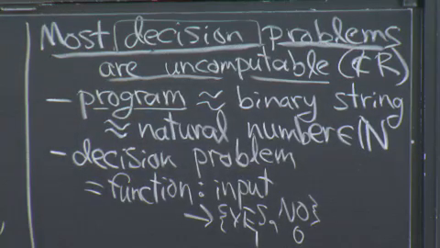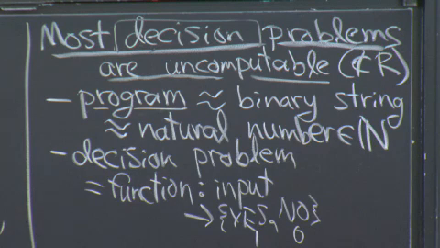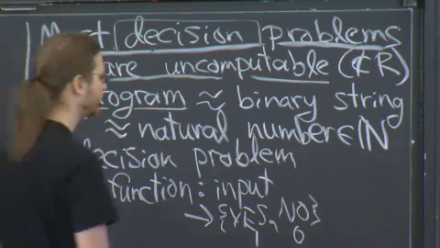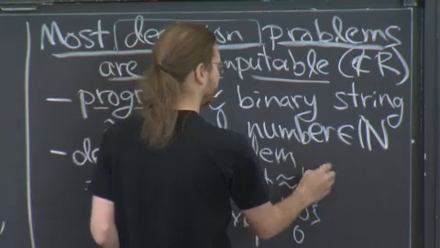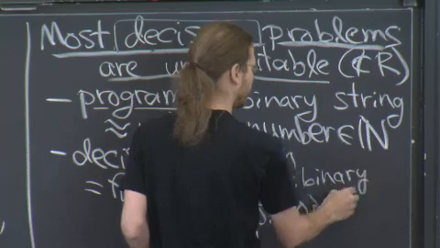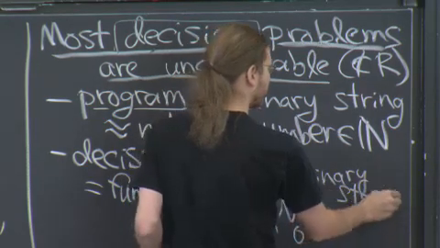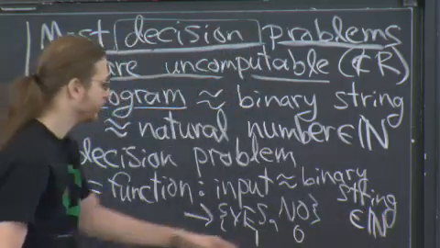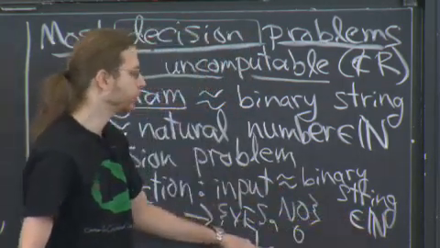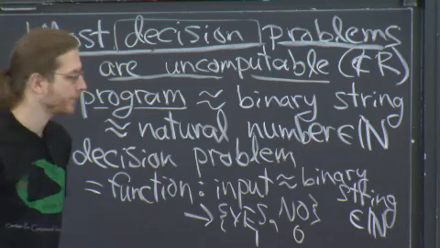So what's an input? Well, an input is a binary string. So an input is a number, a natural number. An input is a binary string, which we can think of as being in N. So we've got a function from N to {0, 1}.